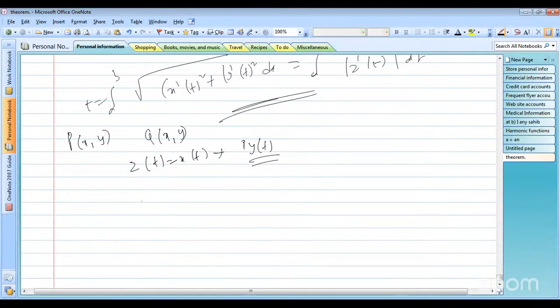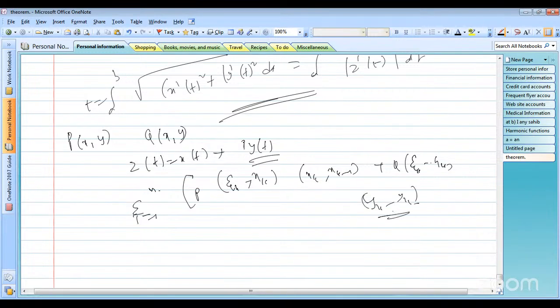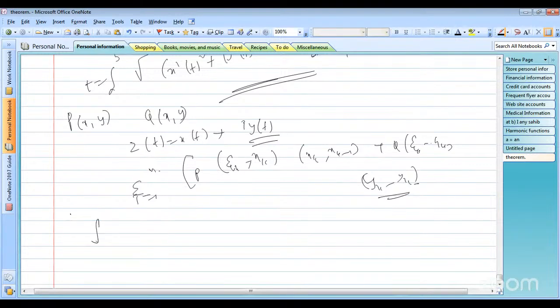In the complex form, the sum is the summation from k = 1 to n of P(η_k) (x_k minus x_k-1) plus Q(η_k)(y_k minus y_k-1). The limit of this is denoted by the integration over C of P(x(t), y(t)) x'(t) plus Q(x(t), y(t)) y'(t).